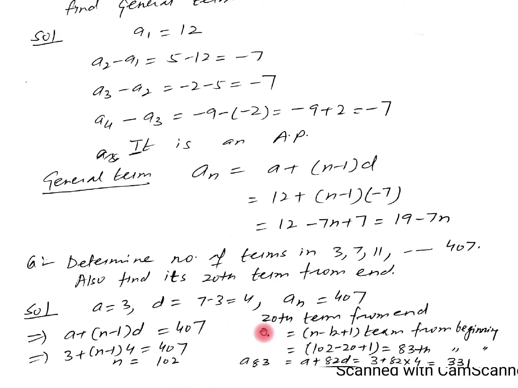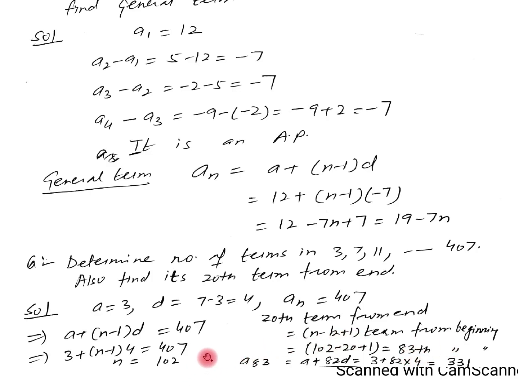And you can also find it by using the result. What will be the 20th term from the end? It is equal to n minus k plus 1 term from the beginning. Now n is 102, k is which term we have to tell? k is given to be 20, so 102 minus 20 plus 1, then this is equal to the 83rd term from the beginning.